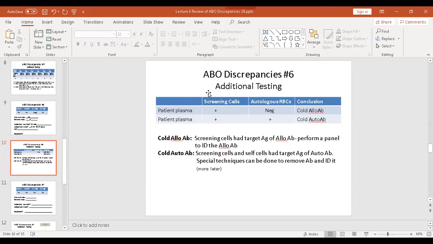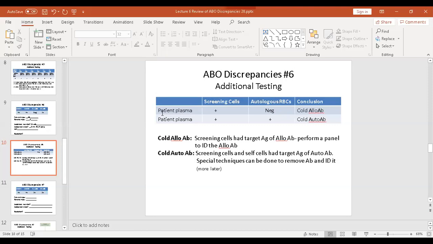And screening cells are reagent red cells that we use to determine if a patient has an unexpected antibody, not ABO antibodies, but an antibody to an antigen of another blood group system. Okay, so we want to test our patient with screening cells, and we want to test the patient with their own red cells before we conclude what's going on.